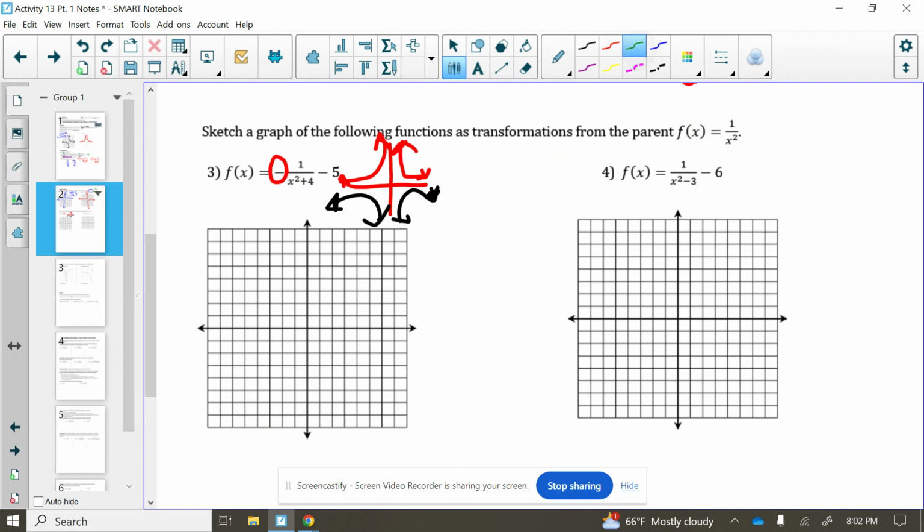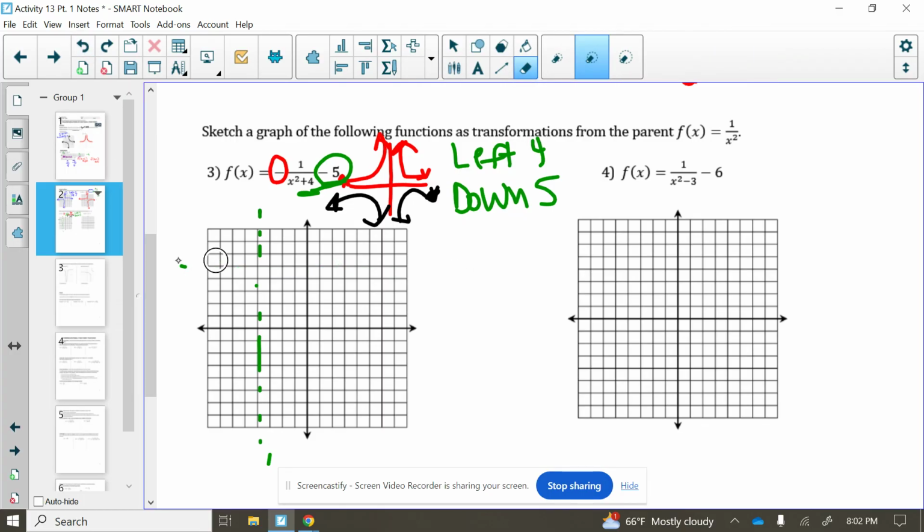We also see another shift, this time to the left 4, and we also have the vertical shift down 5. So moving this vertical asymptote to the left 4, the horizontal asymptote being moved, not up 5, down 5 units, because we have the minus 5.